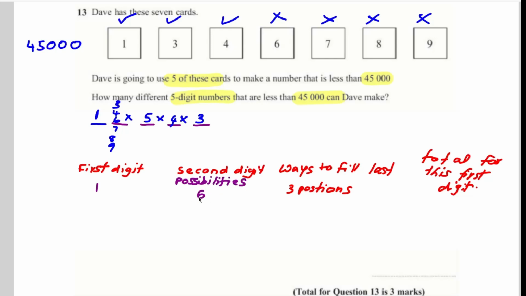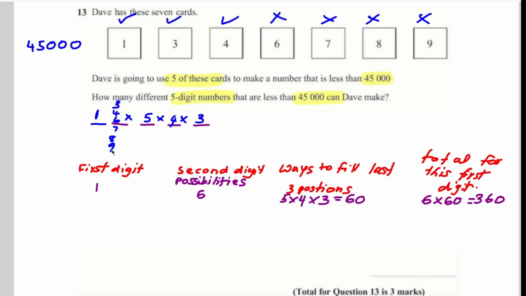Here, ways to fill the last 3 positions: 5 into 4 into 3, which means 60. So altogether, 6 into 60, it is 360. Rather than multiplying, why I'm taking like this, you will understand.